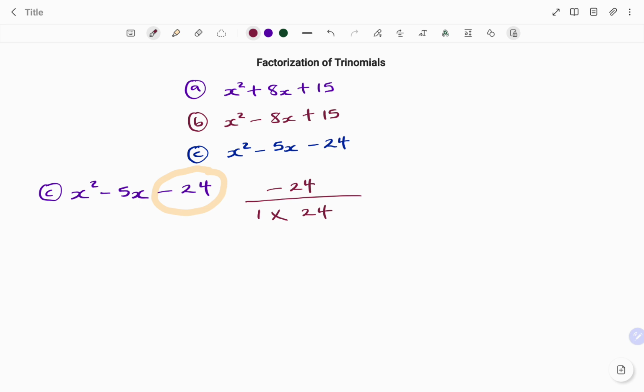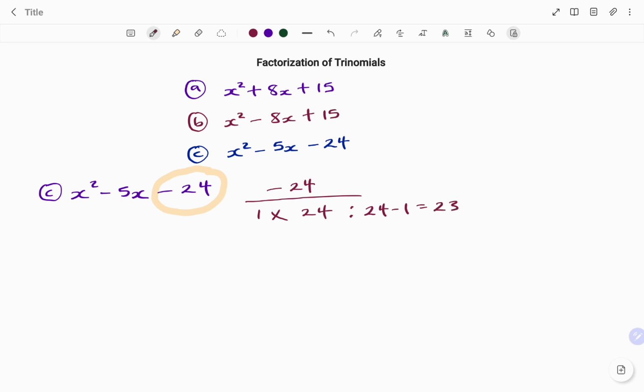In the first two examples, you can see that I have positive 15, so therefore I was adding the factors. But because in this case the last term, my constant, is a negative number, I'm going to use the difference between the factors. So going back to my factors, I have 24 minus 1 will give me 23, so I can't use 1 and 24.